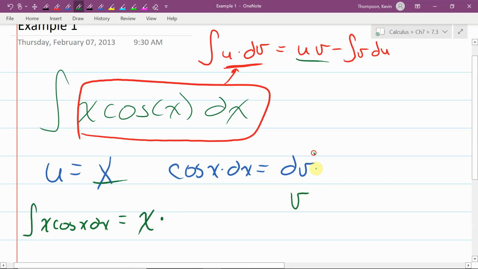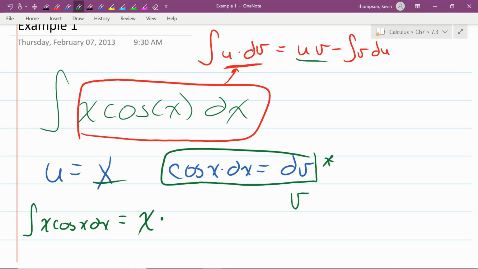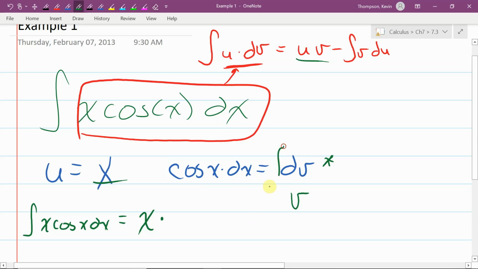Doesn't this almost look like a separable differential equation from the last unit? When we separated, we got the v's on one side and the x's on the other. So if I want to solve for v, we should just integrate both sides. So v should be equal to, well, what's the antiderivative of cosine x?